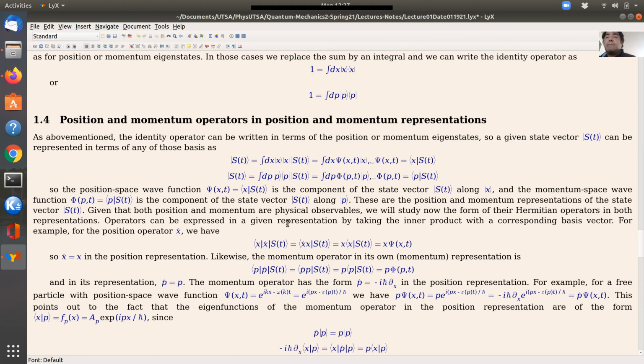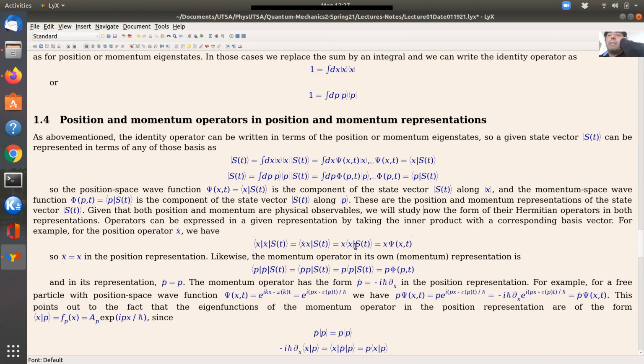Now, operators can be expressed in a given representation by taking the inner product with a corresponding basis vector. Say, for example, for the position operator x, we have this, right? So we have the state, we have the operator, and then we have an element of the position eigenfunctions. This has the property of being Hermitian, and you can pass it to the other side.